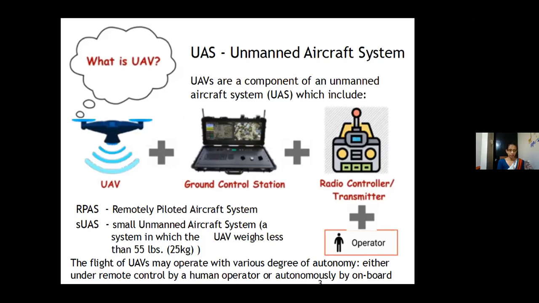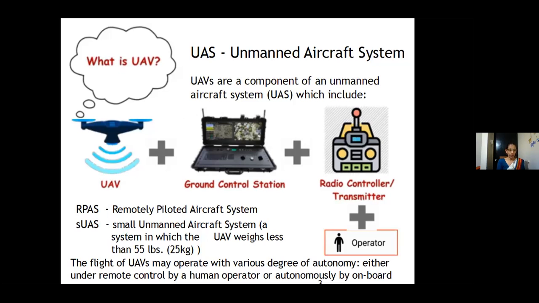It consists of not only the UAV, but also the pilot, the person who operates the UAV, and the system which connects the platform and the operator, that is the ground control station, including the communication subsystem and the wireless data link. So a UAS means a complete solution, including platform, payload, software, operator, ground control station, radio controller, and all the things that we need to do our project or our survey.